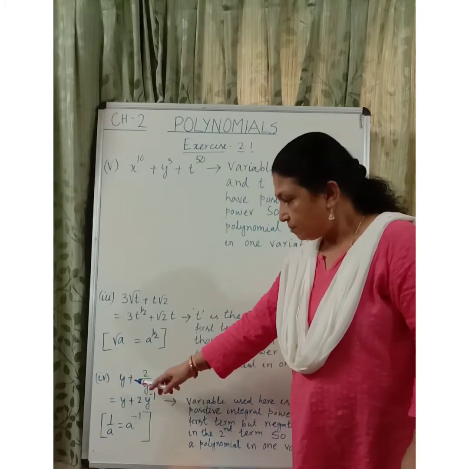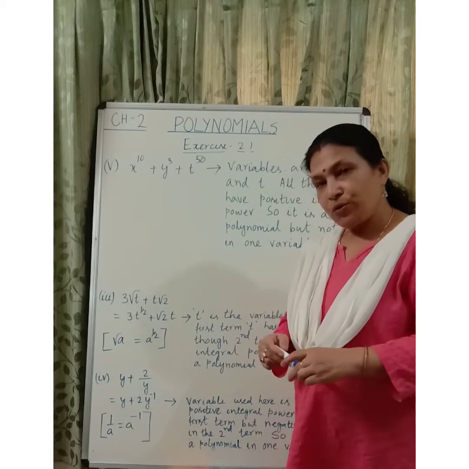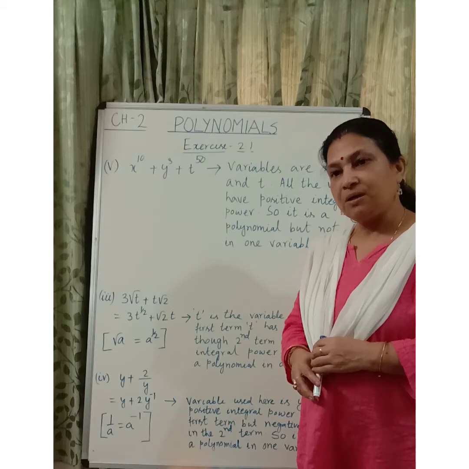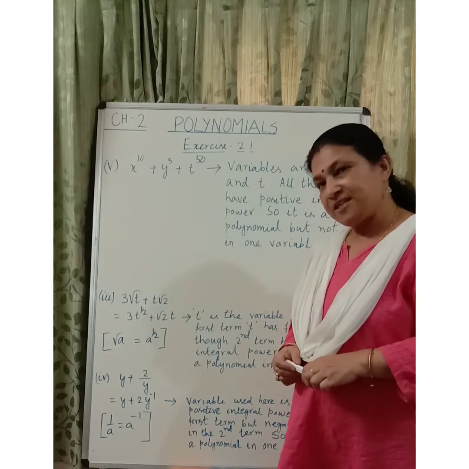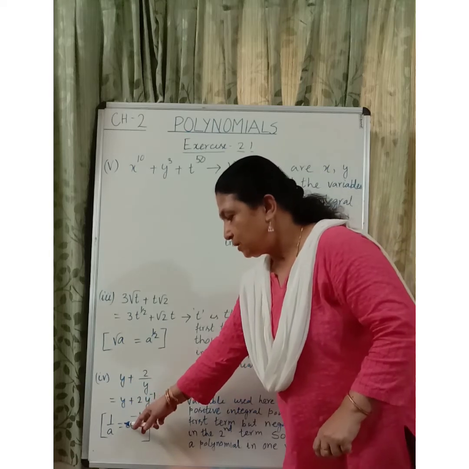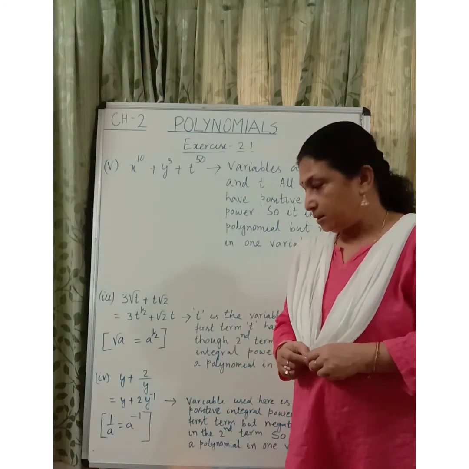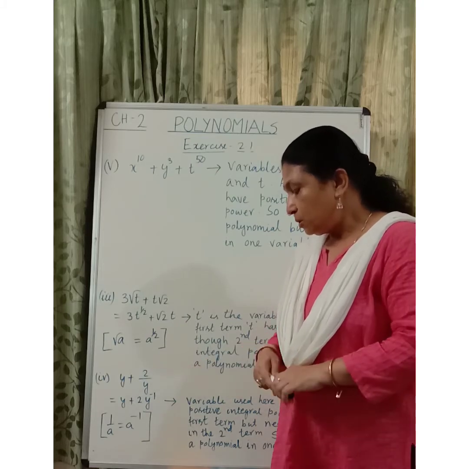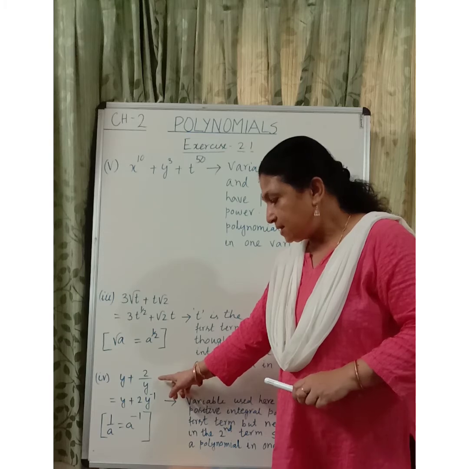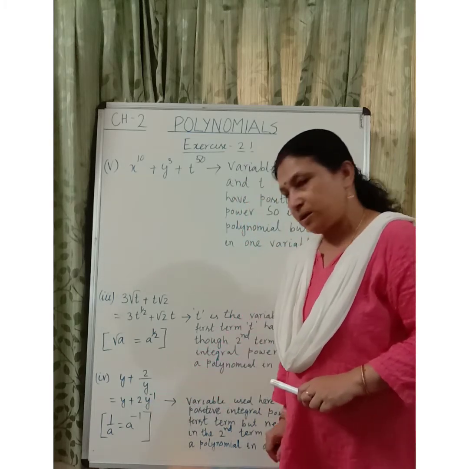Fourth one, y plus 2 upon y. Do you remember the last chapter, laws of exponent, we have learned? The negative exponent, do you remember? 1 upon a is equal to a to the power minus 1. We know that. So using the same law of exponent, we can write the second term as 2 into y to the power minus 1.